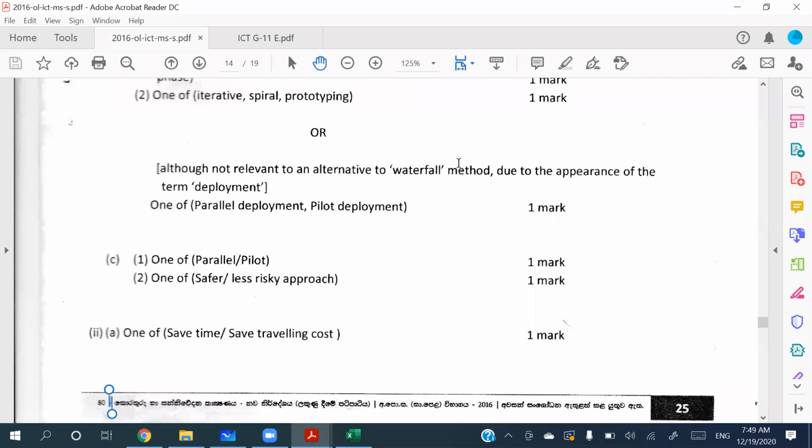Because we know parallel is where you apply the new system alongside the old system, and you have to carry out both of these for a certain period until you are satisfied and confident with the new system. When you have confidence in the new system, you can get rid of the old system. Pilot deployment, as you can see, means you choose one specific place.